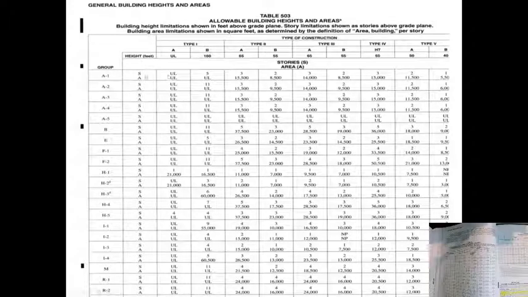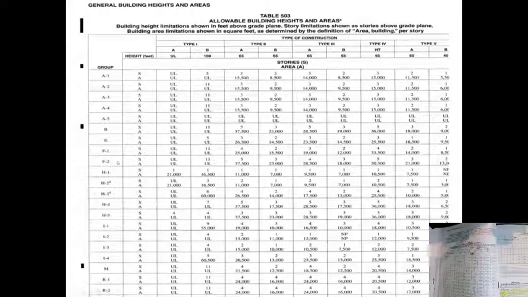All right, so S is stories, A is area. Because remember, back from column to column or roof edge to roof edge if it applies. And that is your square footage that you can have. All of these are the different types of your occupancies that you may have. So looking at this may make a difference.